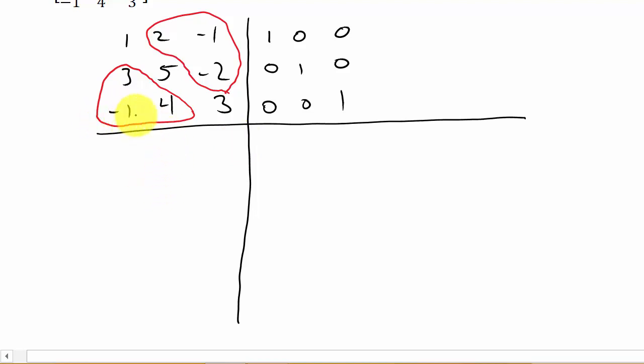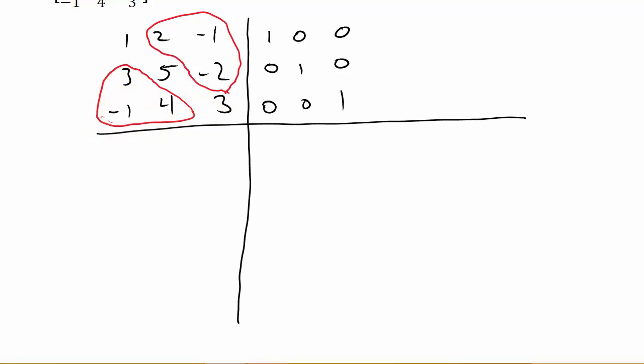The first thing I'm going to do is get this one to go to 0. If I add row 1 and row 3 together, 1 plus -1 is 0. So I'll add row 1 and row 3, and replace row 3 with that result, and that'll give me a 0 here.